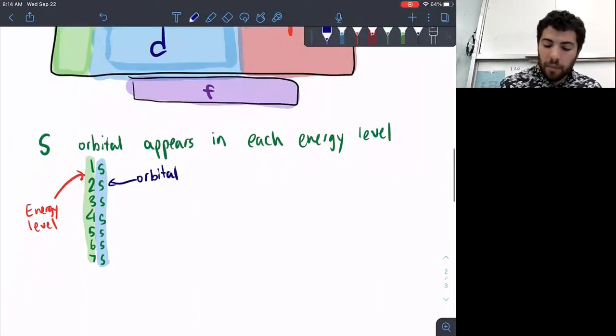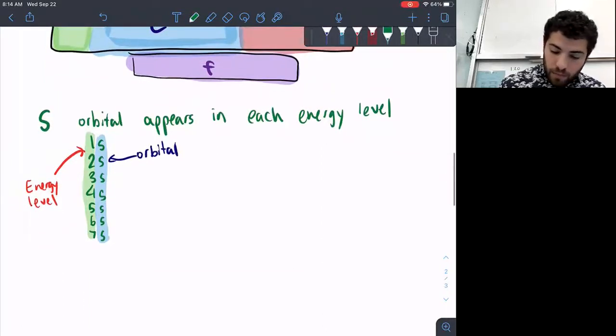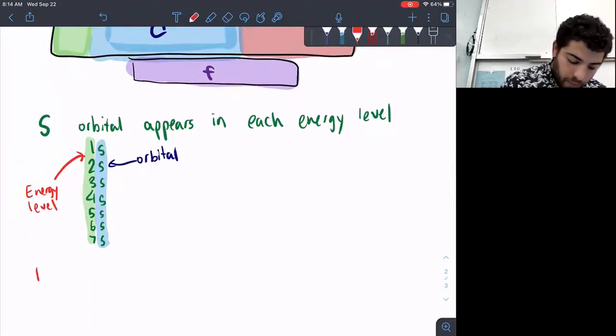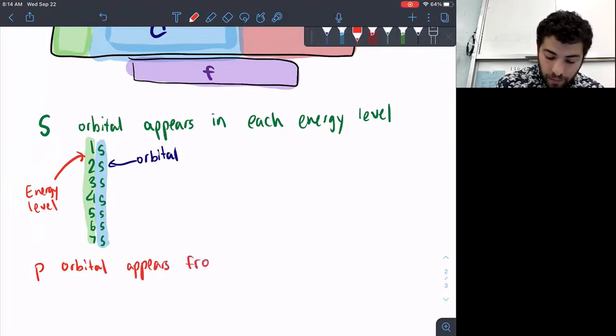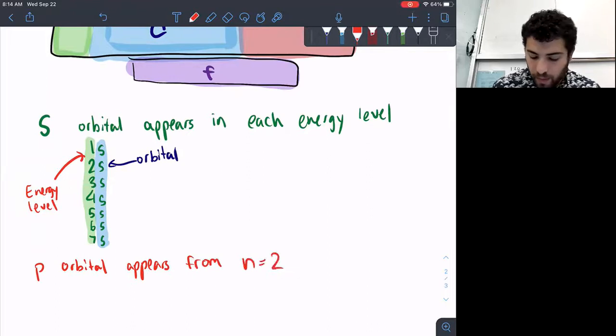We're going to now move on to the p orbital. I think I did p in red, so p orbital appears from n equals 2 onwards.